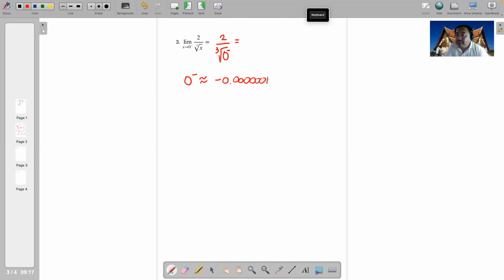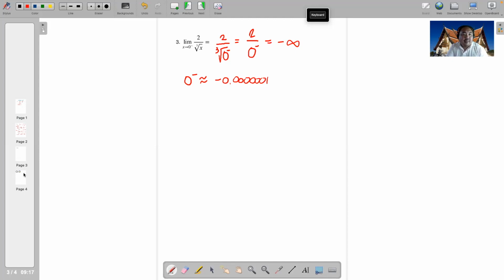If you recall your seventh grade algebra, taking the cube root of a negative number still gives you a negative number. This means that this is 2 over a small but nonetheless negative number. So then that's easy, sir. This is negative infinity. All right, correct.